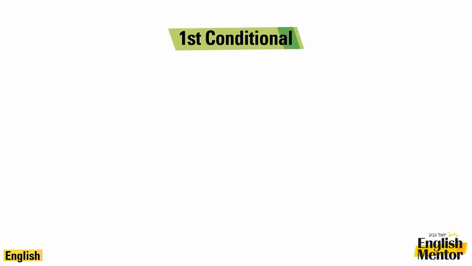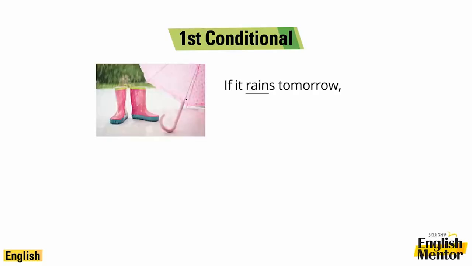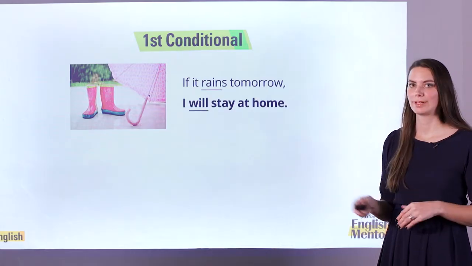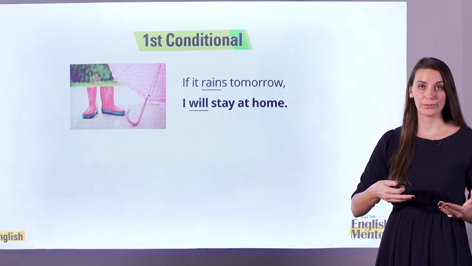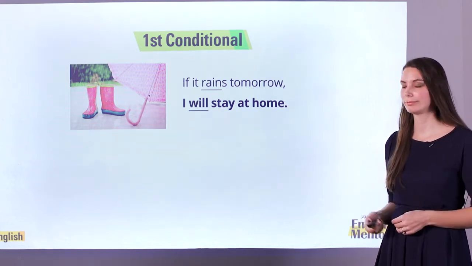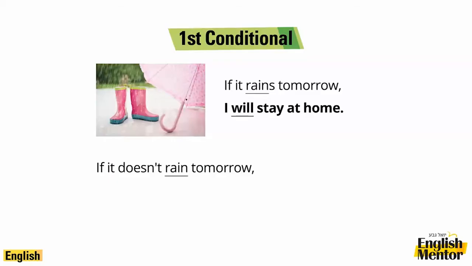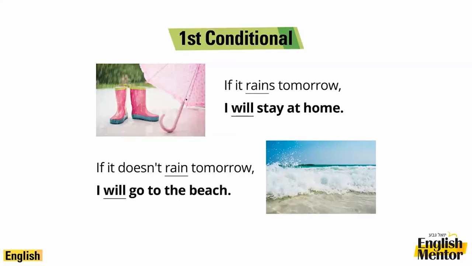All right, so let's take a look at the first conditional. It's slightly different. If it rains tomorrow, I will stay at home. That's the condition, that if it rains, what will you do? You will stay at home. If it doesn't rain tomorrow, I will go to the beach.